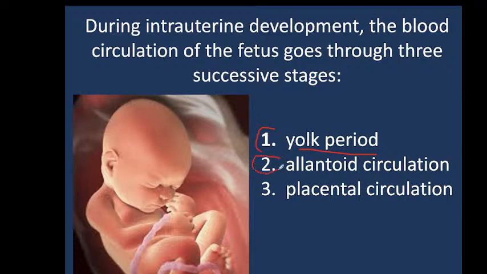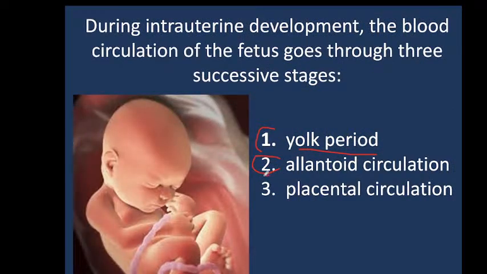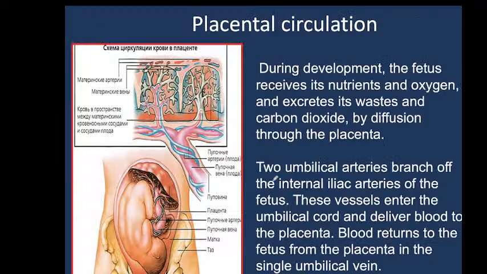Then we can find allantoid circulation, and it is also not a long period. But the main period is when the placenta forms, a special organ between fetus and uterus, and this is the placental circulation period of fetal circulation.